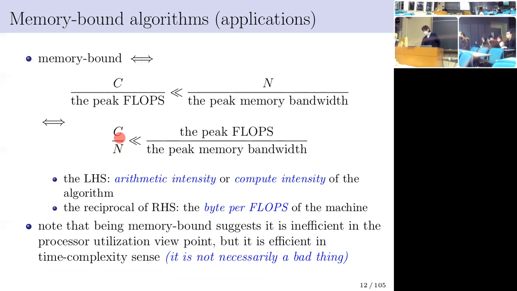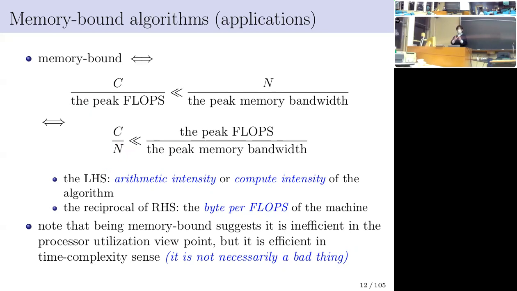So the left-hand side is actually the characteristics of the algorithm: how much this algorithm computes, and how much data this algorithm manipulates, right?